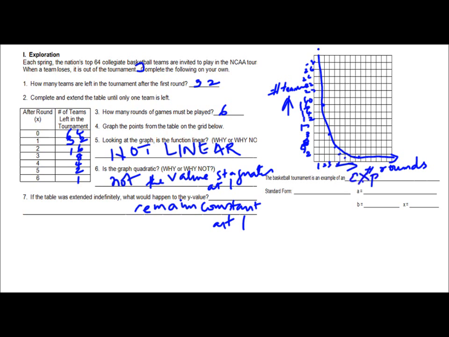So this is a classic example of an exponential function. So how do you write the standard form? It is f of x equals a times b to the x.